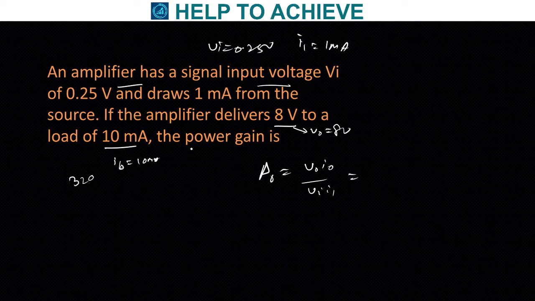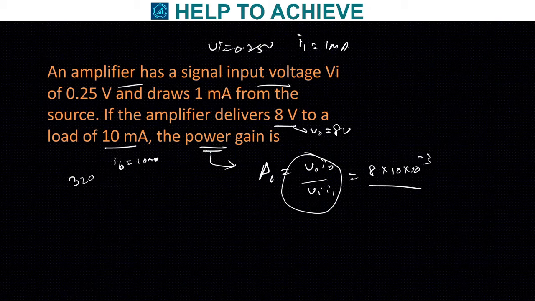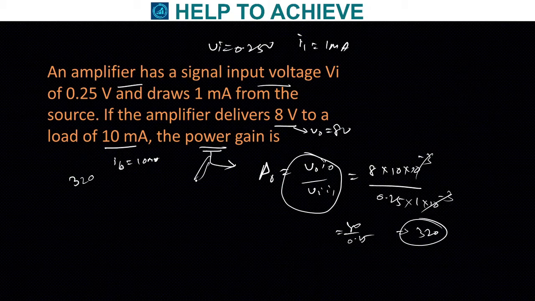The power gain, we know, is nothing but the output power by the input power. So the output power is 8 volts into 10 to the power of minus 3 divided by input voltage 0.25 into current 1 milliamp. That is 80 by 0.25, which corresponds to 320. So the power gain is 320.